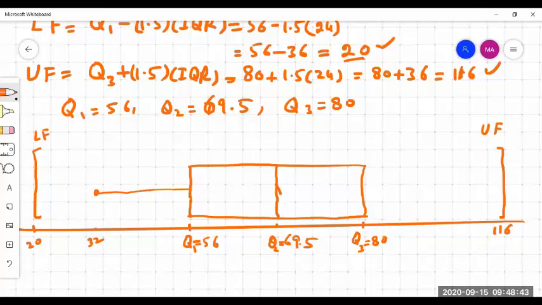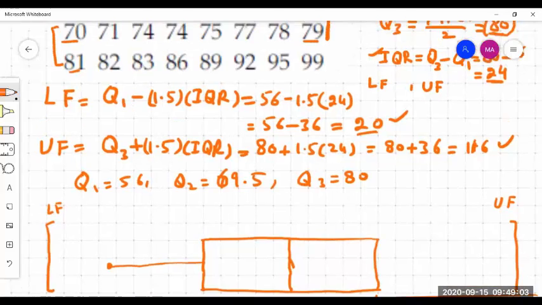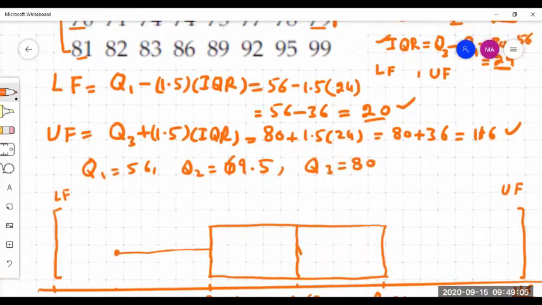Similarly, now on the other side, find the largest value which is lower than the upper fence, 116, right? So the largest value in the data that is lower than 116. Let me show you the data again and see what that value is. If we go back to the data, the largest value you see is 99 here.